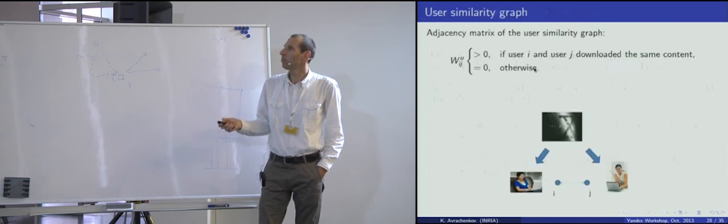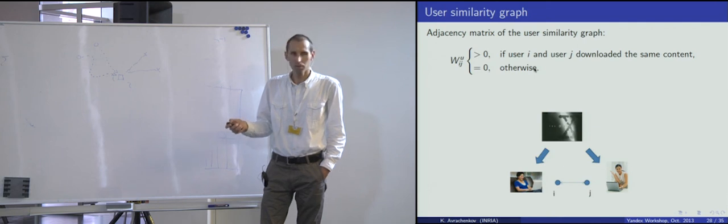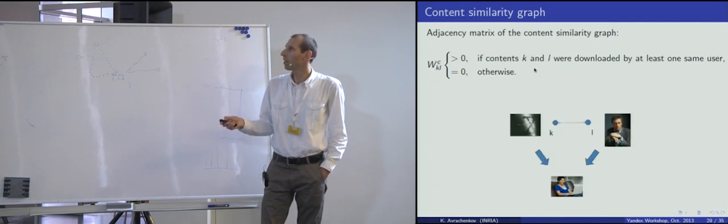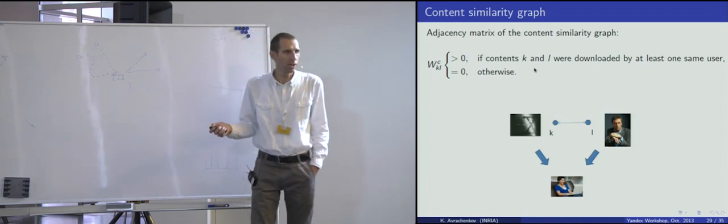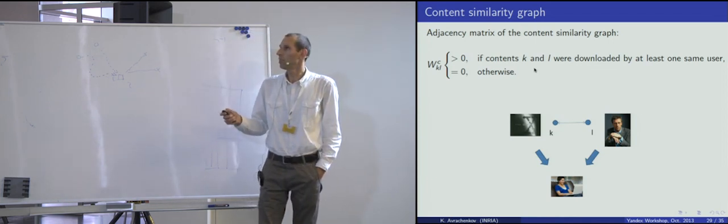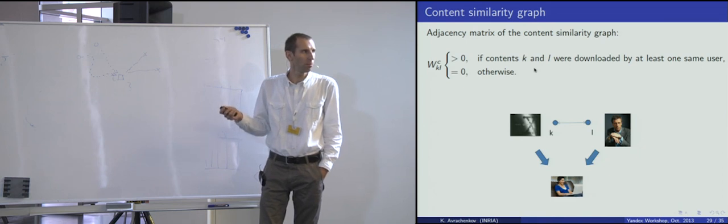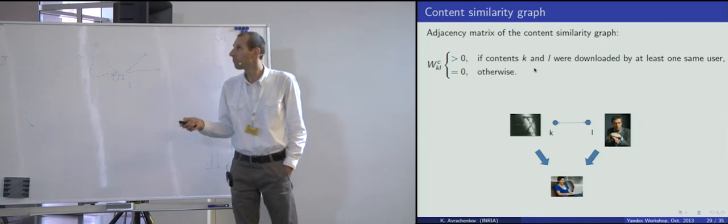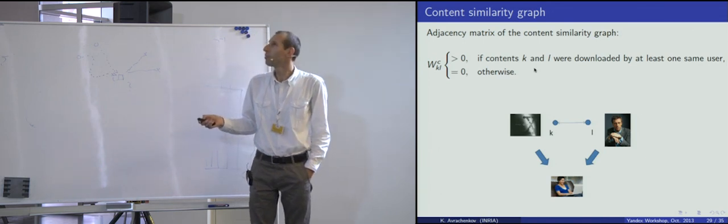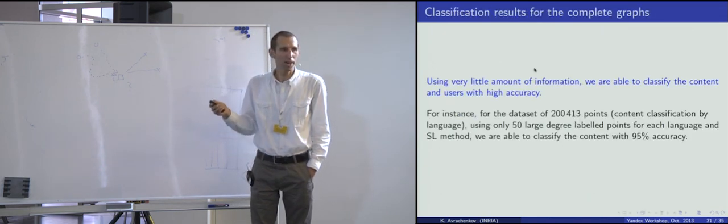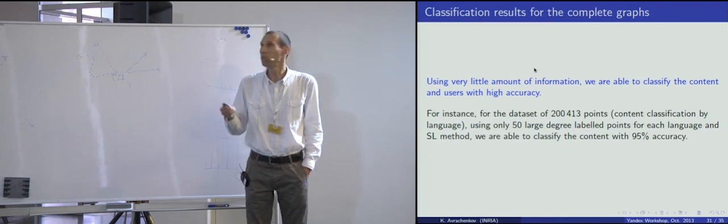So how do we construct the user graph? If 2 users downloaded the same content, we had a link. And how did we construct the content graph? If 1 user downloaded 2 different contents, we created a link between these 2 contents. We classified, for example, by languages and topics.